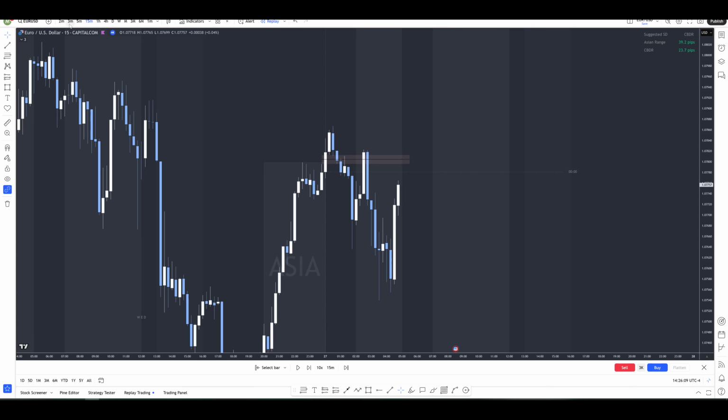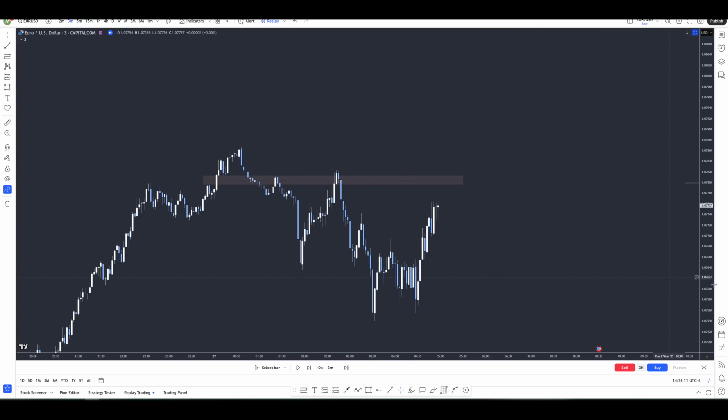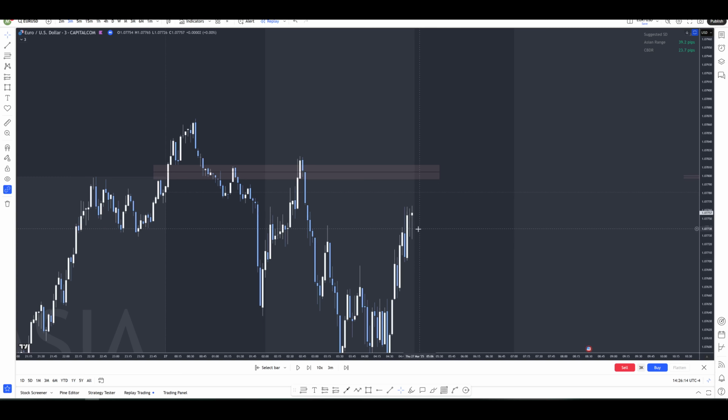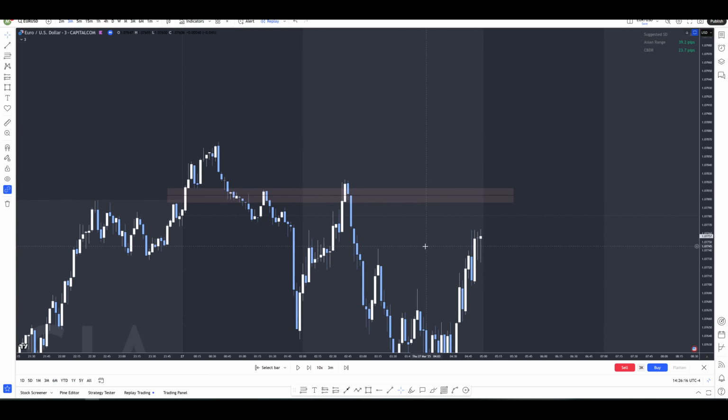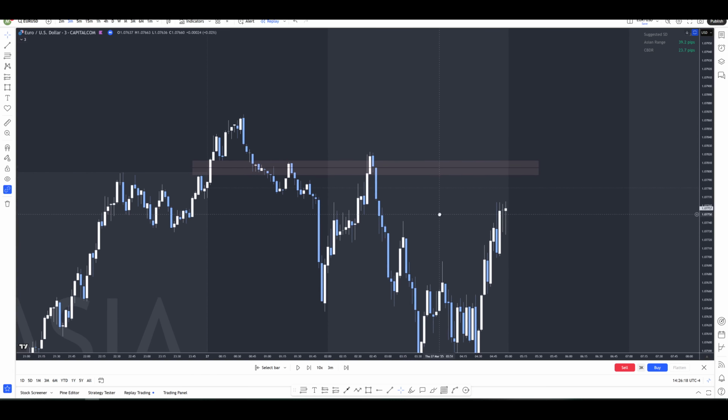And then I would go to the 3 minute. And in the 3 minute, what I see is the setup that I like. I think for now I qualify this as my A setup.